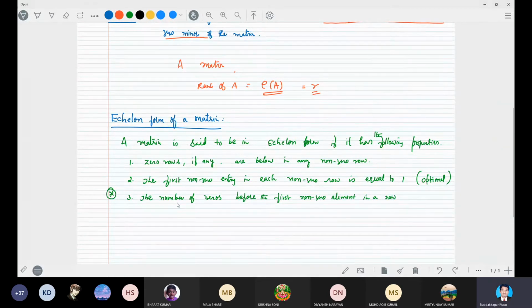Okay, the number of zeros before the first non-zero element in a row is less than the number of such zeros in the next row. In the next row. Okay, understand? This is in the next row.